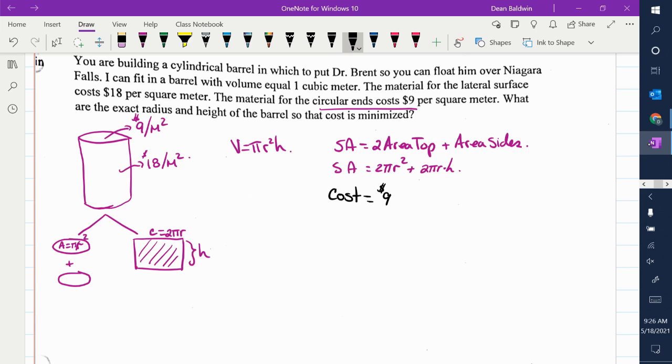So it's $9 times the area, which is 2 pi r squared, plus what? $18 for the sides times how much you have. So 2 pi r h. So obviously this can clean up to 18 pi r squared plus 36 pi r h.